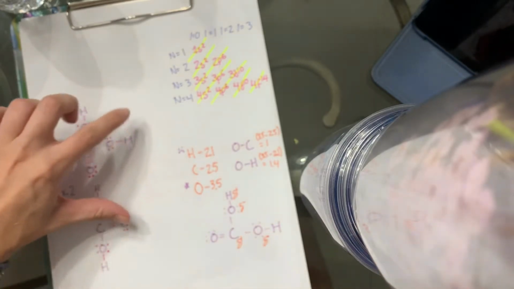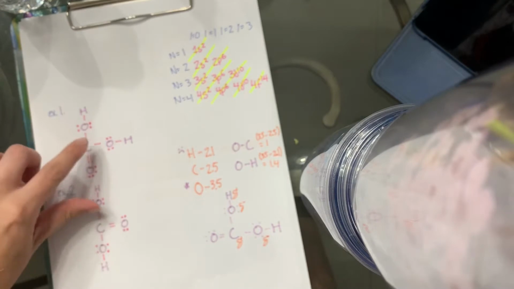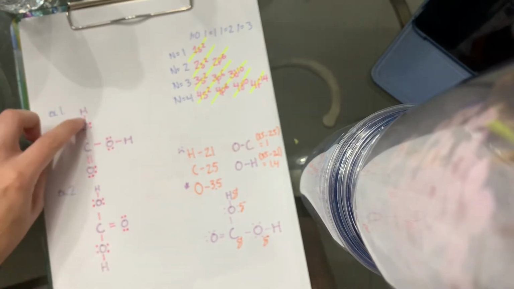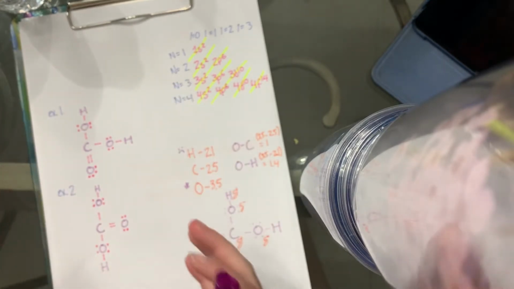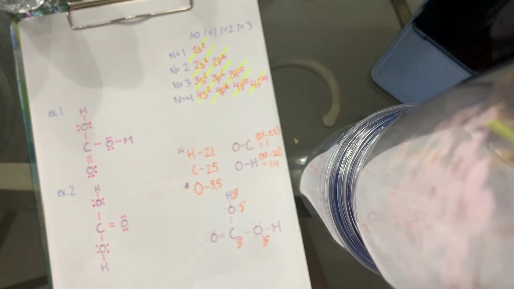These still have the same number of electrons, same number of pairs, they're just in different spots. They really mean the same thing, it's just the average total of all the different ways that you can make these structures. So, here are 2 possible resonance structures for our molecule.